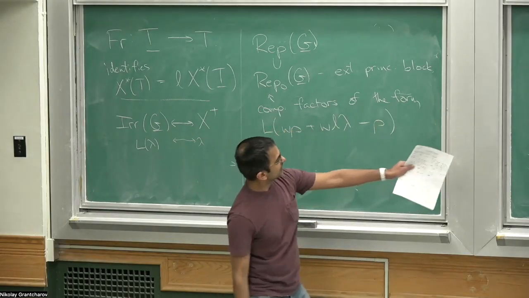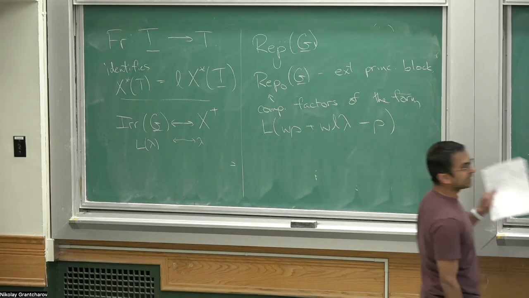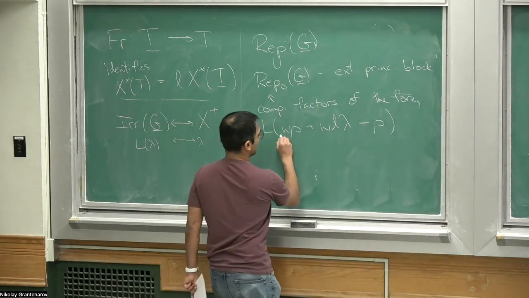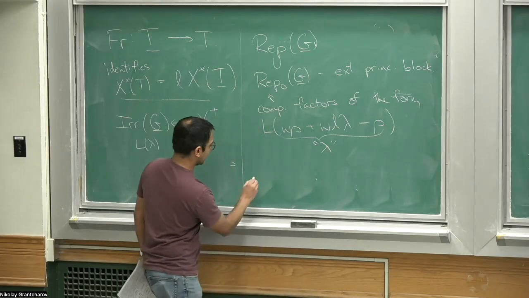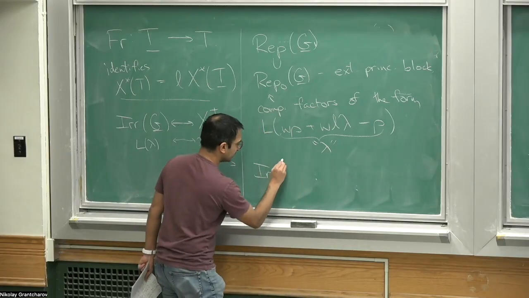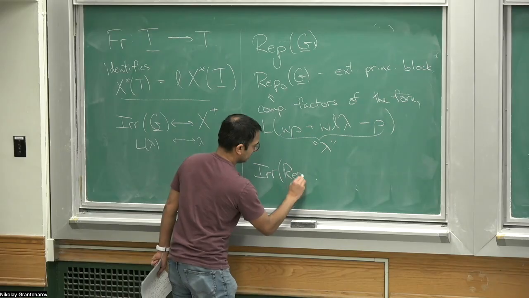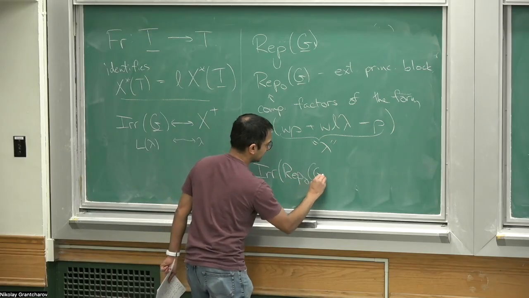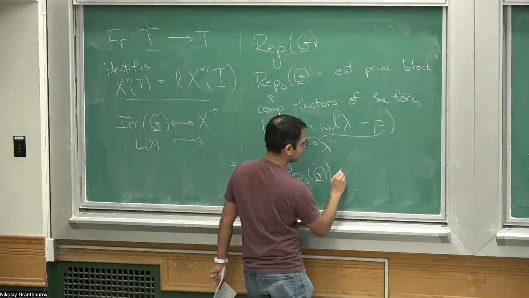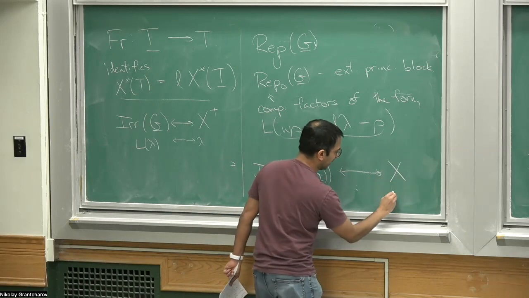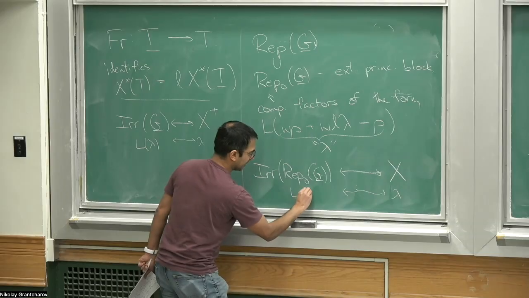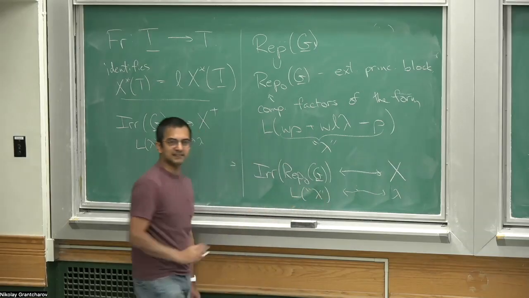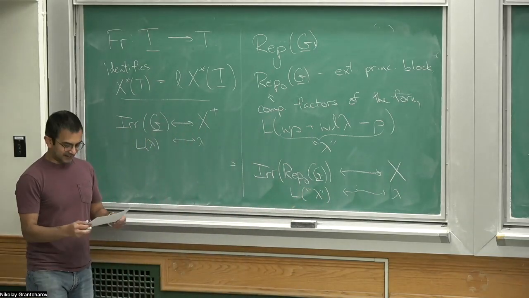So the only difference from here is that the letter P got changed to the letter L. And I want to again call this, in quotation marks, lambda. And so irreducible objects in Rep 0 G underline are in bijection with all weights, and the bijection is denoted by lambda goes to L of quotation marks lambda. Okay.